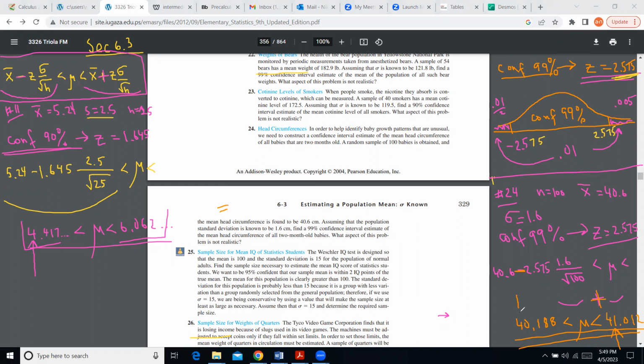Or if somebody measured the head and said, oh, this baby has 39, so the head is too small, that's not the average, it's below the average. But the point of the story is, you'll find those confidence intervals, and that's all it is. We get those intervals utilizing this formula that looks kind of nasty, one can say, but not really, because it is not a bad formula. It's a nice little formula.